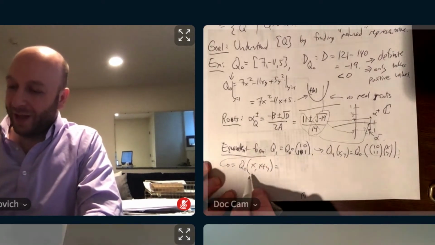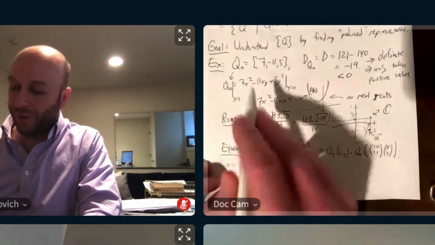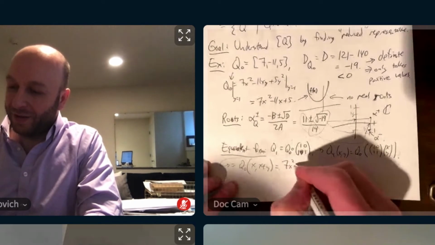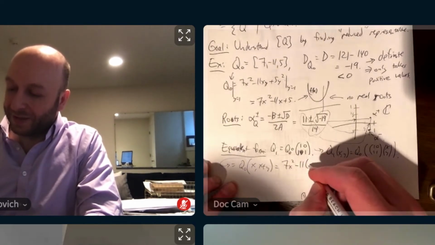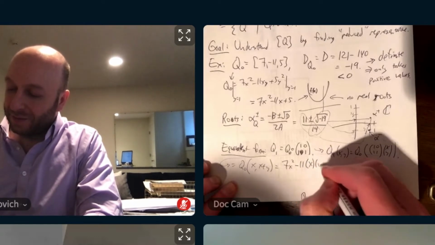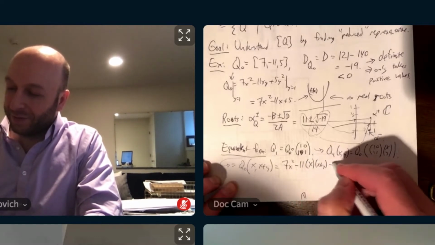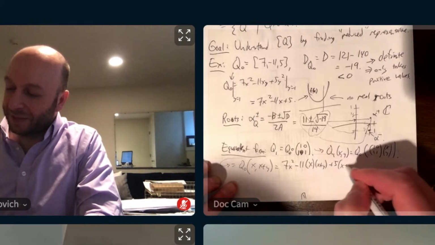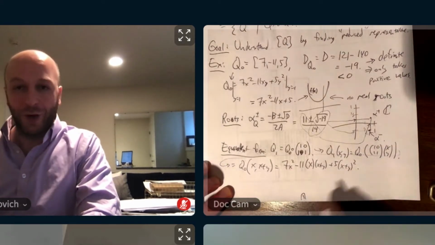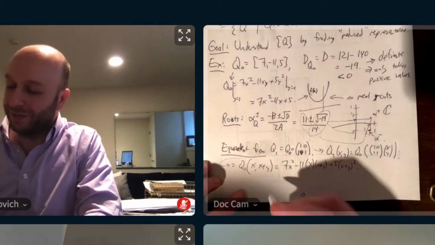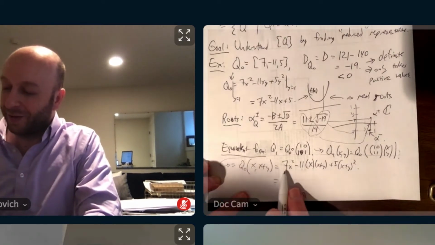And it's easy enough to go back to what Q was. So this is 7x squared minus 11x times (x plus y) plus 5(x plus y) squared. We could use the general formula that we worked out, but let's just do it right now a little bit quickly.